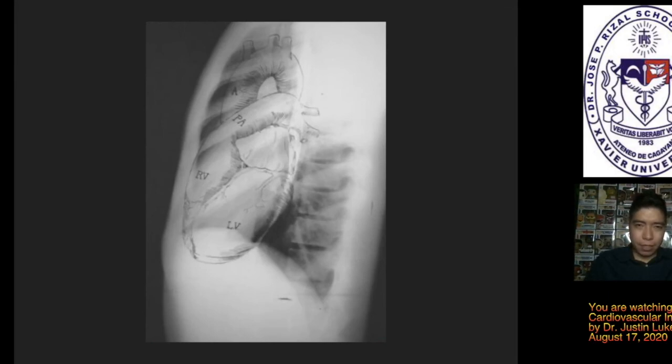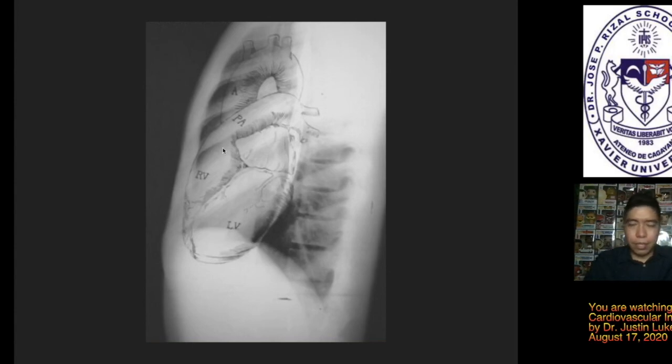On lateral, this is how it appears. This is the ascending aorta that I mentioned earlier that will create your retrosternal clear space between the sternum and the ascending aorta. And border forming on lateral view is your right ventricle anteriorly.